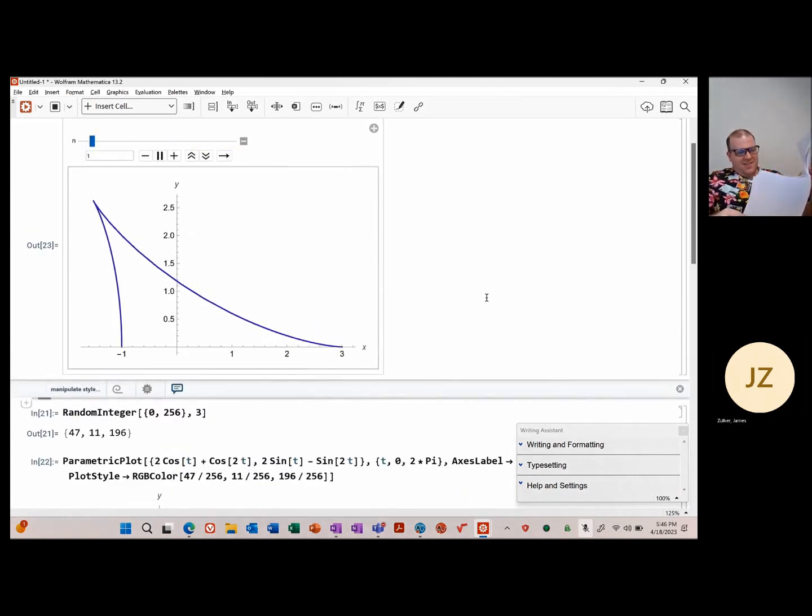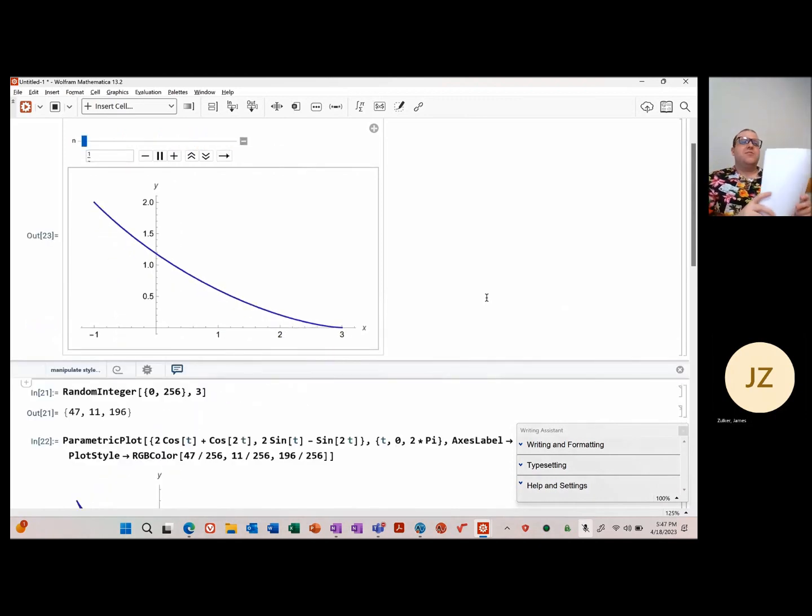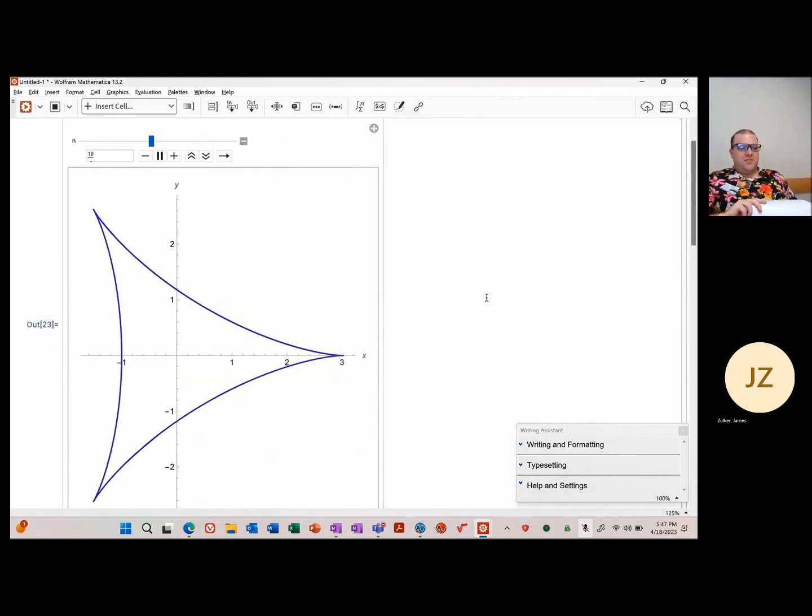What I could do is manipulate constants though. But I have other problems that deal with that, so I won't worry about it.